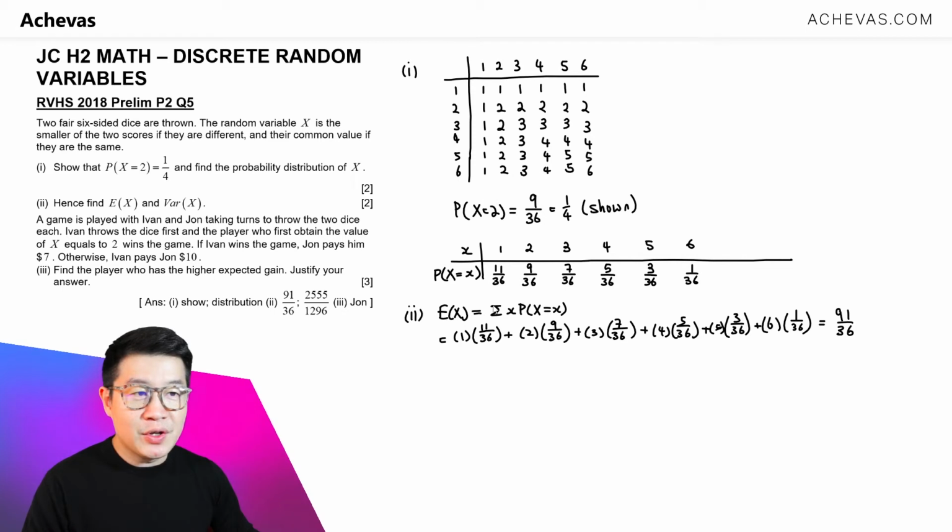And to find the variance of x, we are going to first find the expectation of x squared. So the expectation of x squared is going to be the sum of all the x squared multiplied by the corresponding probabilities for x.